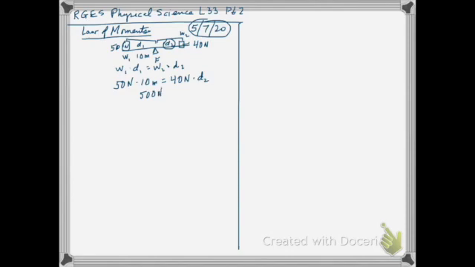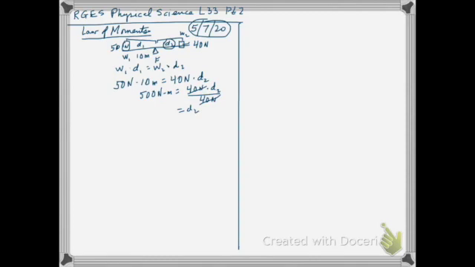So we have 500 Newton meters is equal to 40 newtons times D2. And of course we know how to solve that. To get rid of the 40, we divide this side by 40 newtons, and these two cancel, so we're left with D2.